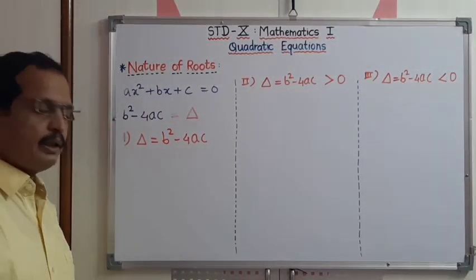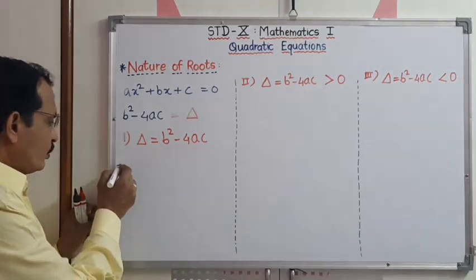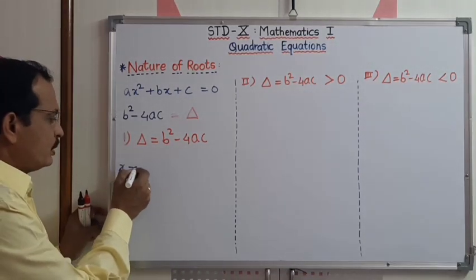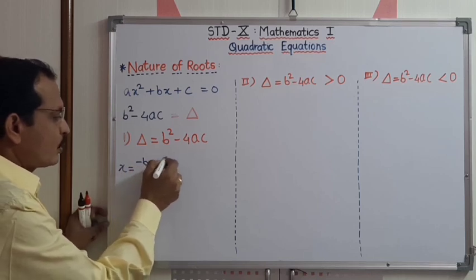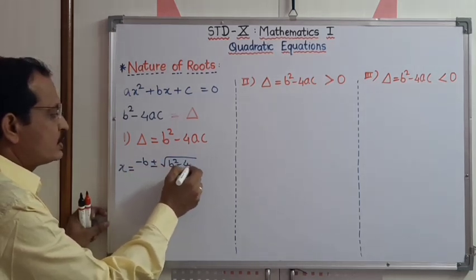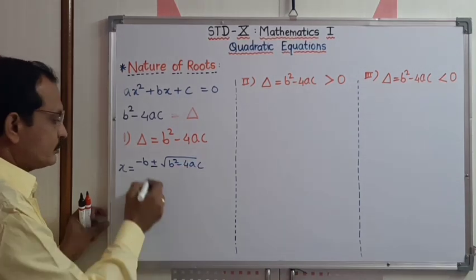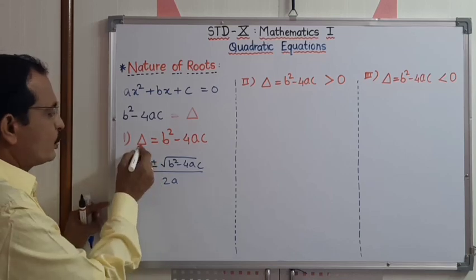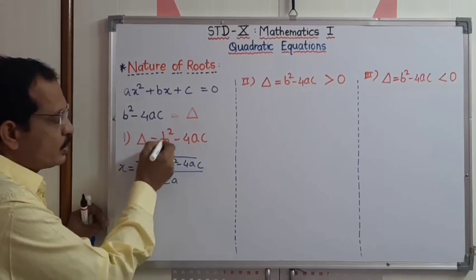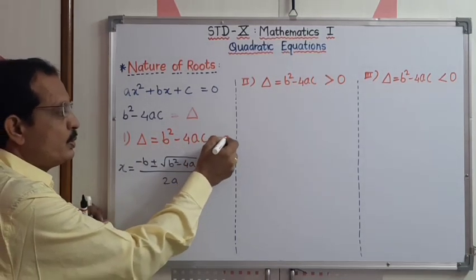All of you know that in the formula method we have x is equal to minus b plus minus under root b square minus 4ac upon 2a. Now the first condition we have to apply is delta, that is b square minus 4ac, is equal to 0.